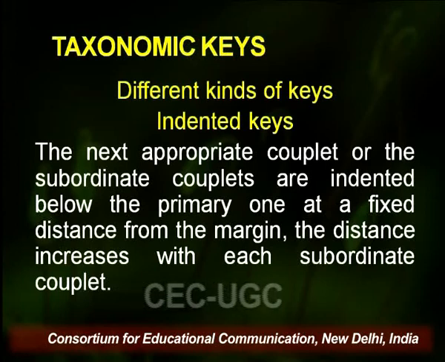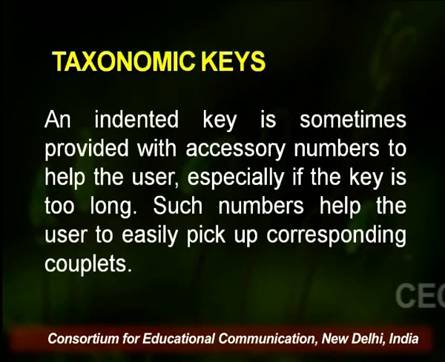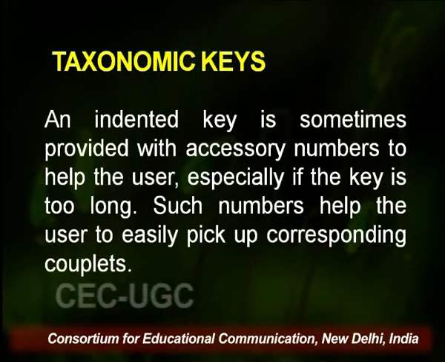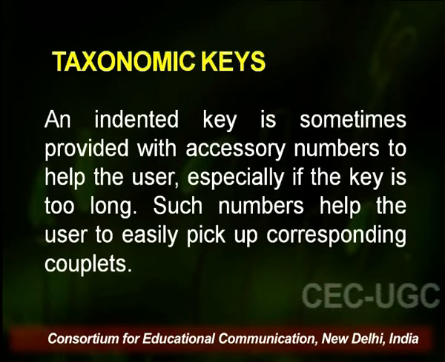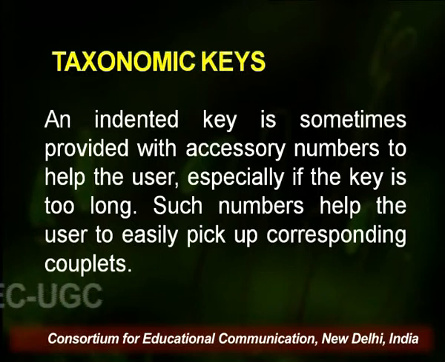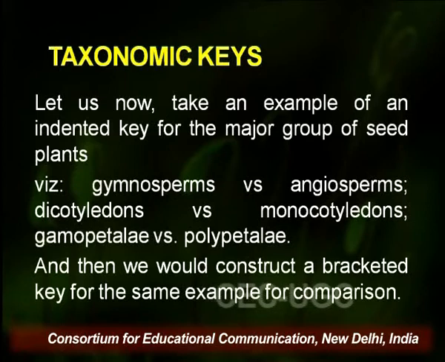The distance increases with each subordinate couplet. An indented key is sometimes provided with accessory numbers to help the user, especially if the key is too long. Such numbers help the user to easily pick up the corresponding couplets.